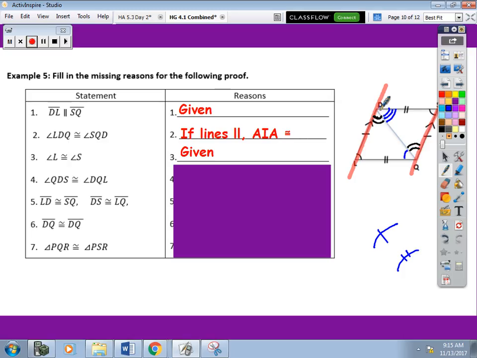Is congruent to angle DQL. Why are those congruent? Be careful. There's actually only one correct answer for this. It's a theorem that we learned today.